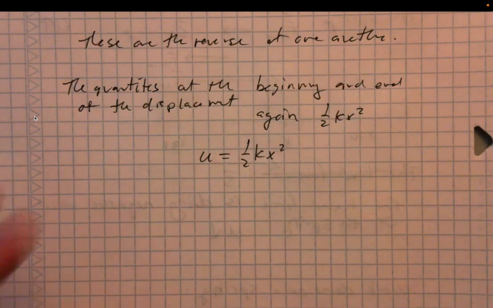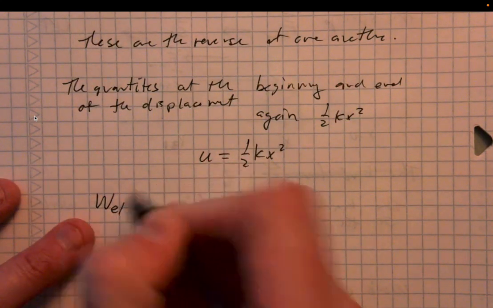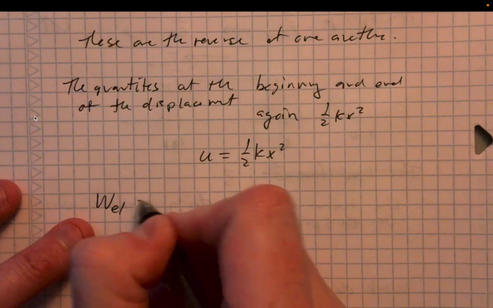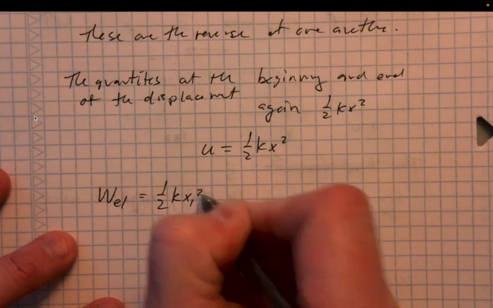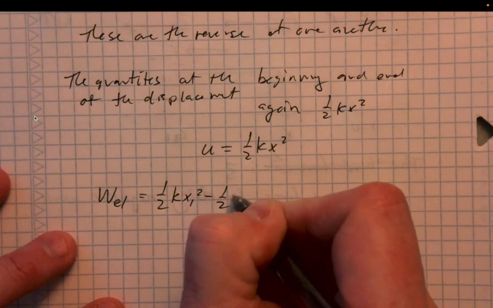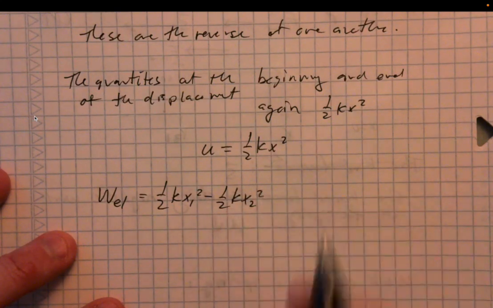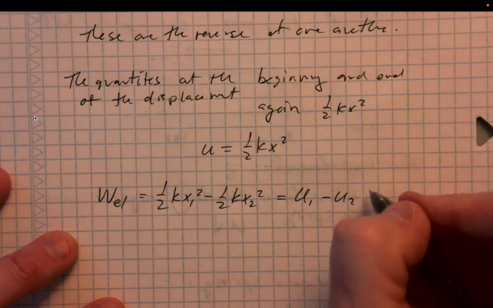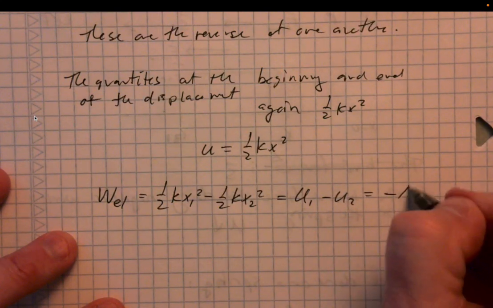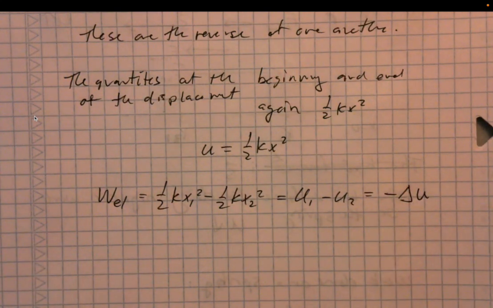Okay. And so the elastic work done by a spring is equal to 1/2 kx1 squared minus 1/2 kx2 squared, which we would say is equal to U1 minus U2, which is equal to negative change in potential energy.